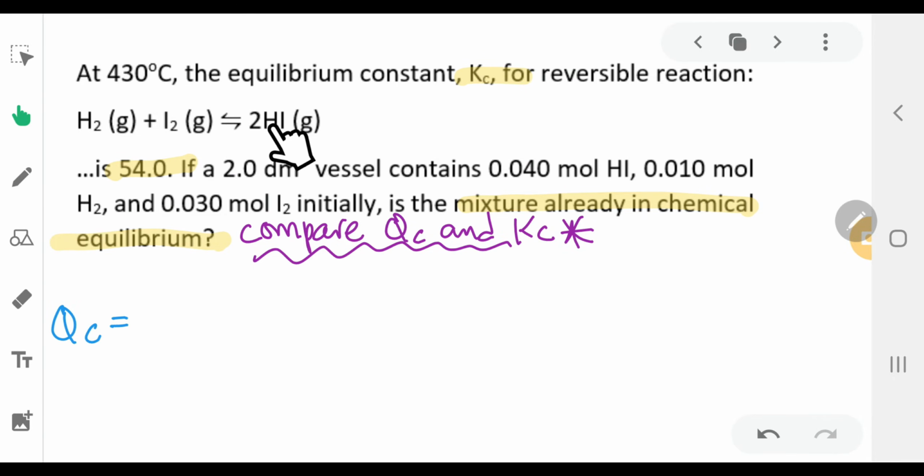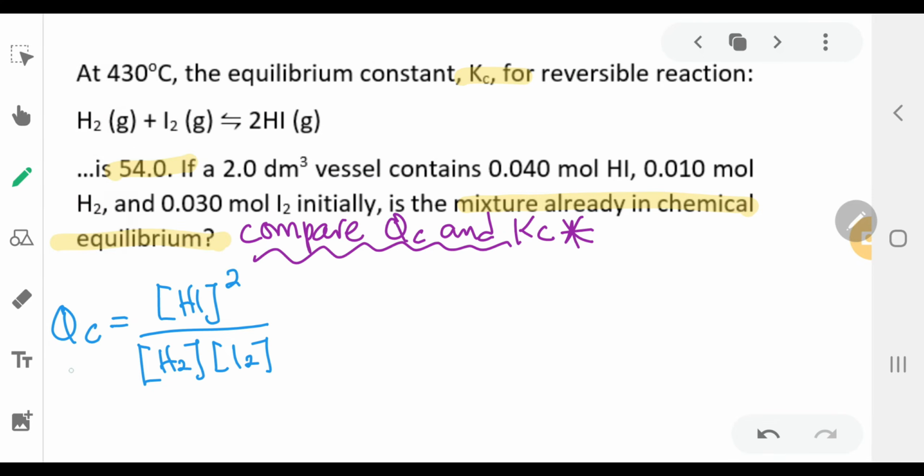The product is HI, so it is the concentration of HI to the power of 2 over the concentration of H2 times the concentration of I2. Okay? By writing that correctly, you will get 1 mark.